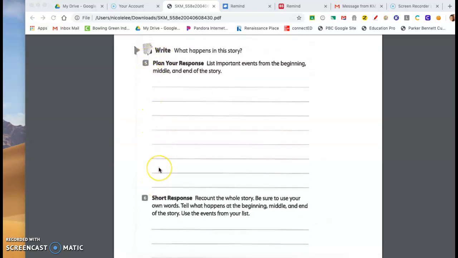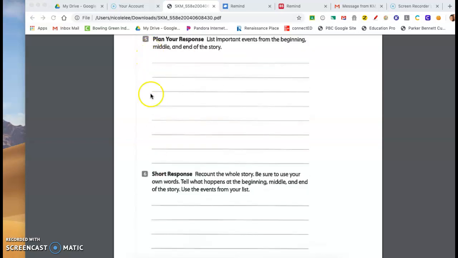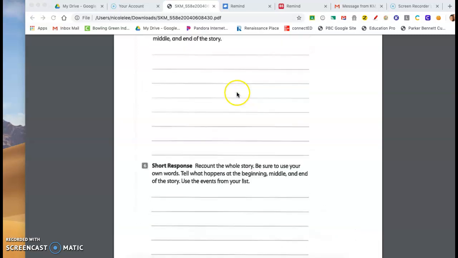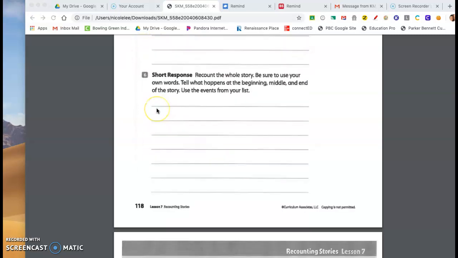So you're not writing full sentences. You don't have to use capital letters or anything like that, but you're going to take your ideas from up here, and this is where you write your full answer, telling what happens in the beginning, the middle, and the end. And it says use the events from your list, which would be the events that you put up here.